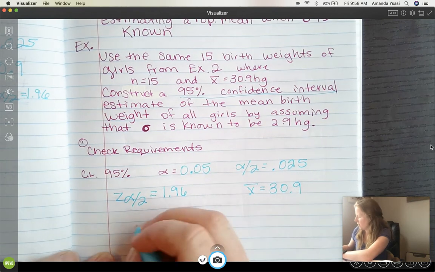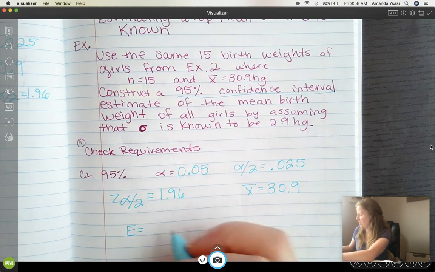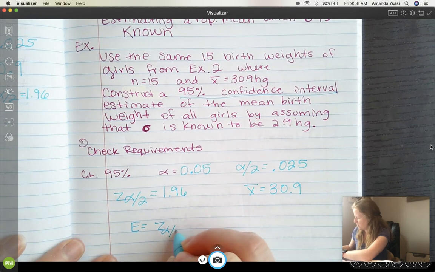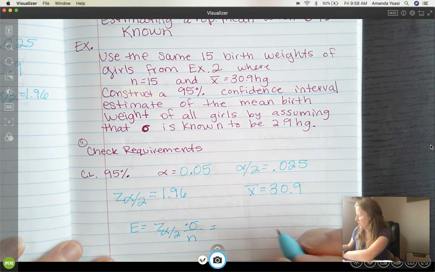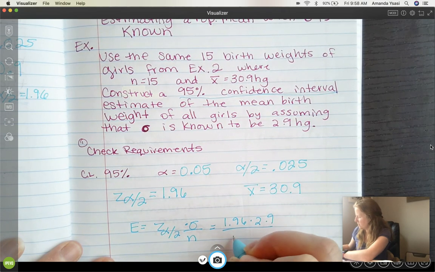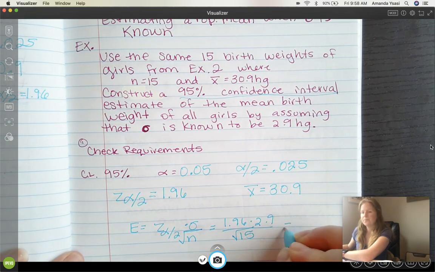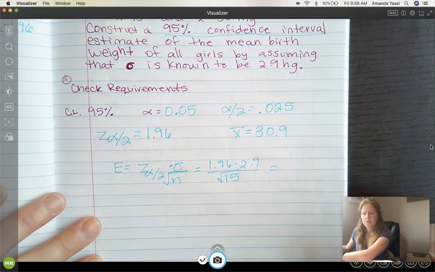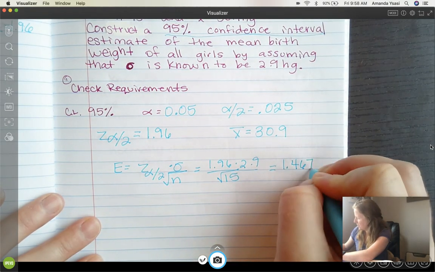This is where we need to find our margin of error. Our margin of error is found by doing your z-score times sigma over the square root of n. So it'd be 1.96 times 2.9 over the square root of 15. When we plug those in, we get 1.467.